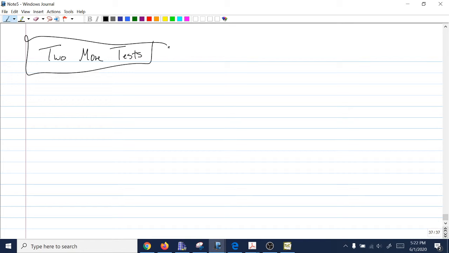We got 2 more tests to state. These kind of come from considering things that are almost geometric. We're going to talk about power series pretty soon, and these 2 tests are the best tests to talk about for that. They're called the ratio test and the root test. They both come from the idea that if a_n is basically like a constant times r to the n, so maybe you've got something that's kind of geometric.